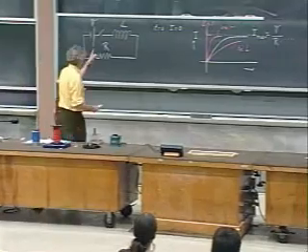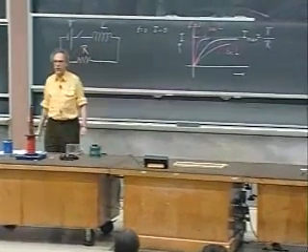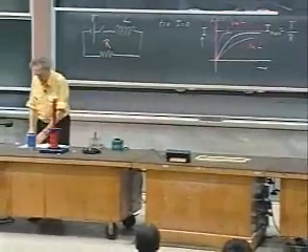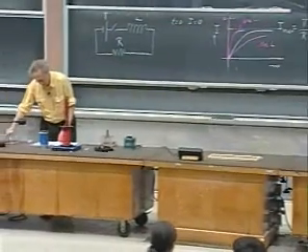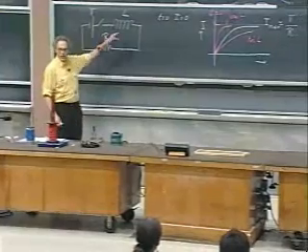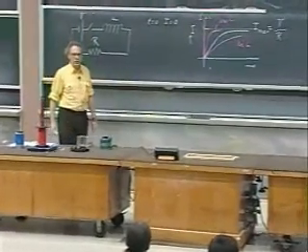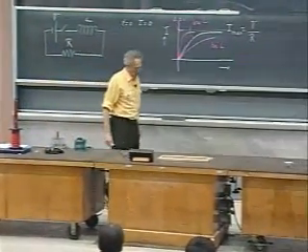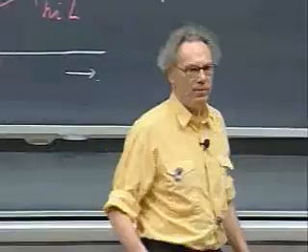But now I want to do this in a more civilized way, and I want to use my brains. And when I use my brains, I have to set up an equation for this circuit. If you read your book, you will find that Mr. Giancoli tells you to use Kirchhoff's loop rule.